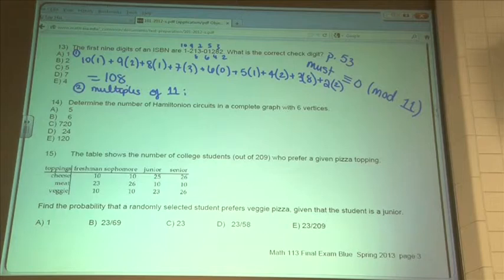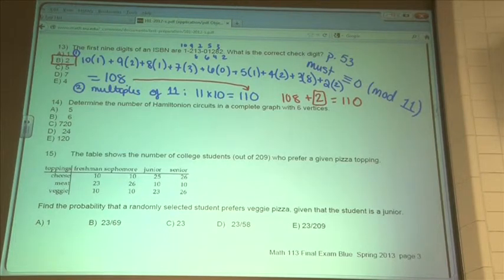That's the next closest one. If you do 11 times 9, it's too far down. So to turn 108 into 110, you have to add 2. So 108 plus 2 is equal to 110. So that is your check digit.